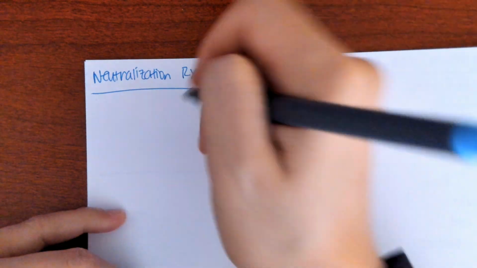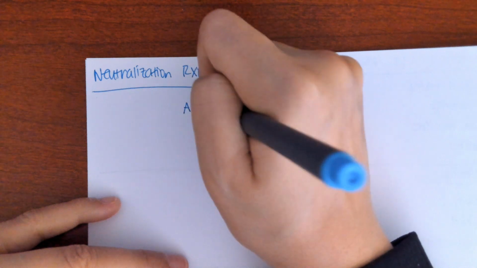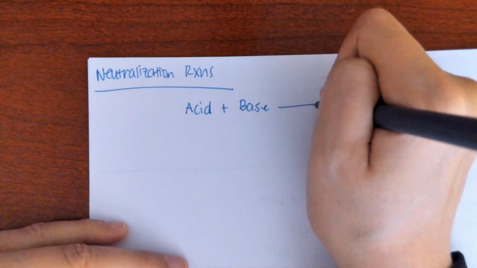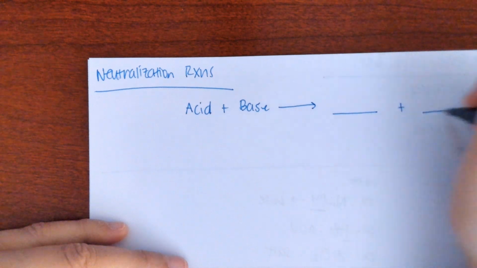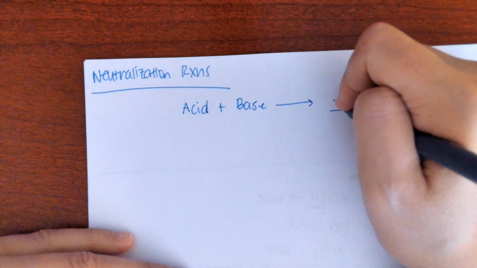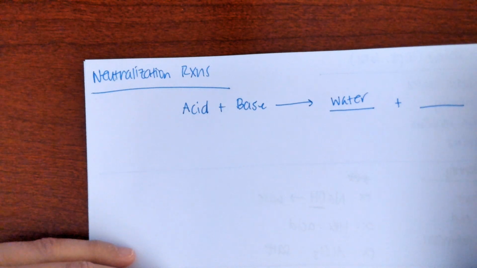So again, when you neutralize an acid and a base, acid plus base produces what plus what? What's the first product always? Water. And salt.